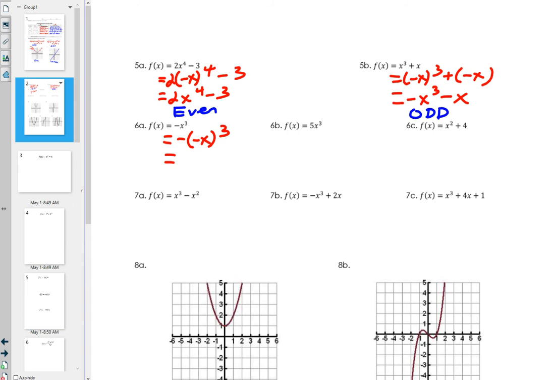Negative x to the third is negative x to the third still, but then the negative makes it positive, so that actually should be even. But you know what? I want to look at that because how can that be? Oh no, sorry, not even. Martha, you confused me. Even would mean that the signs are the same. The signs are not the same. The signs are different. So what is it? Odd, yeah, it's odd.